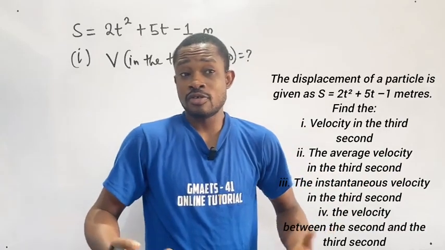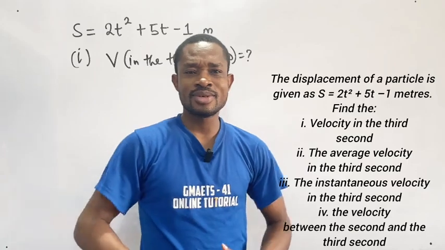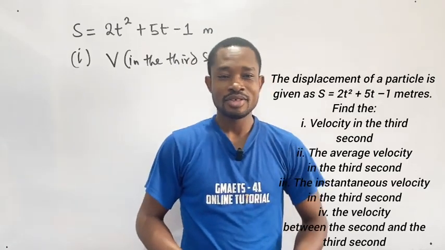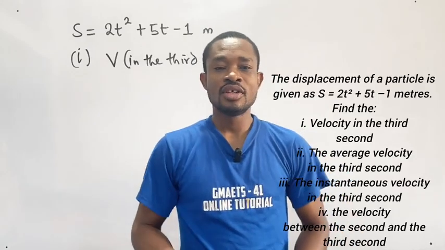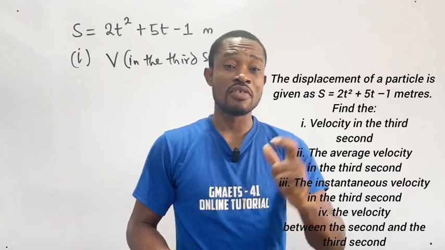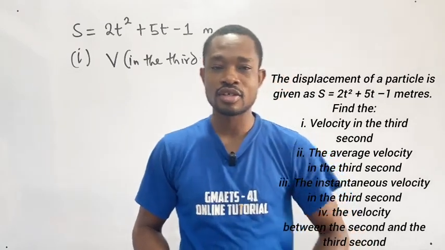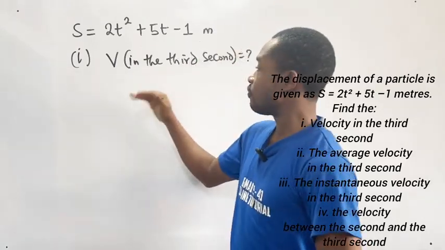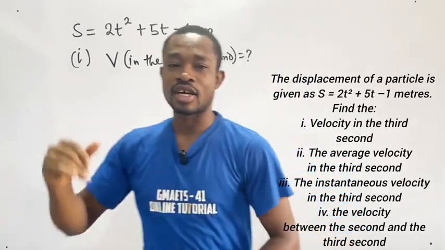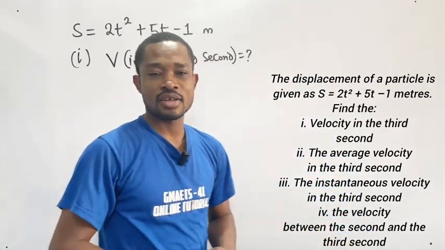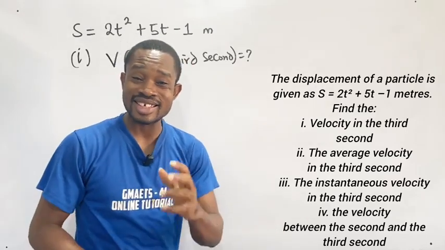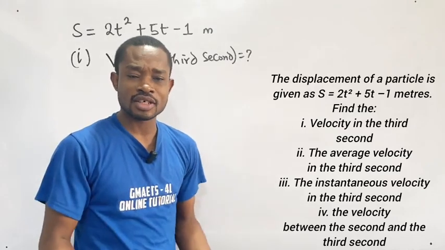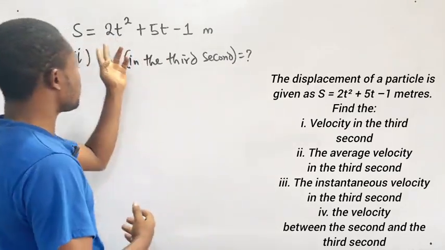But if I just tell you velocity or acceleration, please, GMAETS 41 by this video tutorial is telling you that that quantity is actually referring to the instantaneous quantity. So by telling us to find the velocity in the third second, the examiner is actually asking us to find the instantaneous velocity. And how do you calculate the instantaneous velocity of a particle given the displacement function?